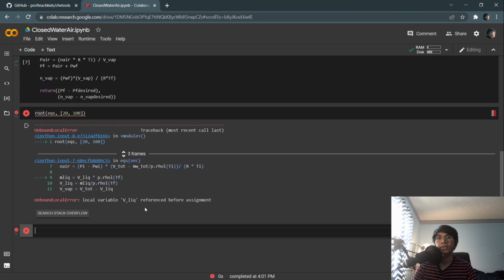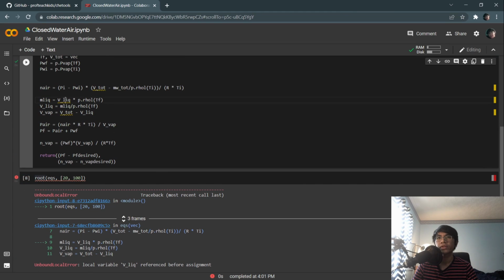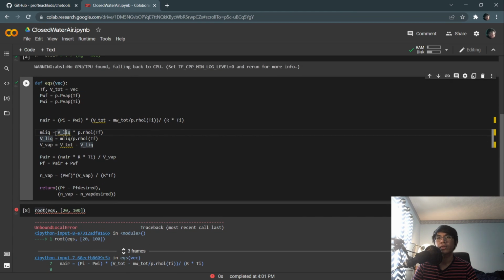Here we go, V liquid before assignment. Right, here's what I was talking about earlier: you don't want your variables on the right to appear before they are defined on the left. A quick way we can get rid of that: volume liquid, yeah, that's our density.